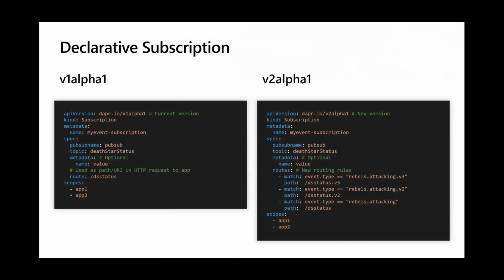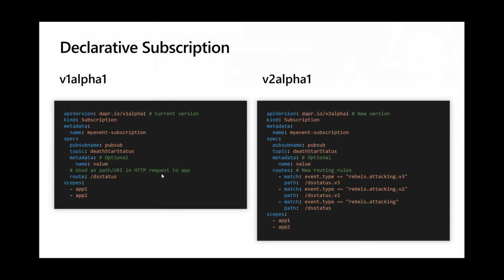So here we go. I don't know if many folks are familiar with this approach. Maybe they're using the programmatic approach, but there is a way to create a configuration file today. On the left is how you do it today, and it's really simple. It's following the Kubernetes style YAML syntax and structure.